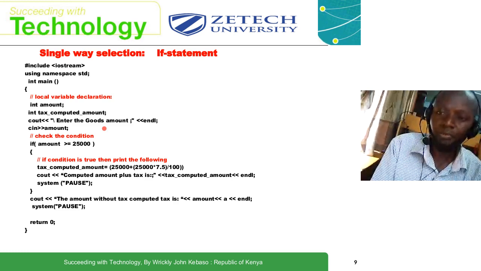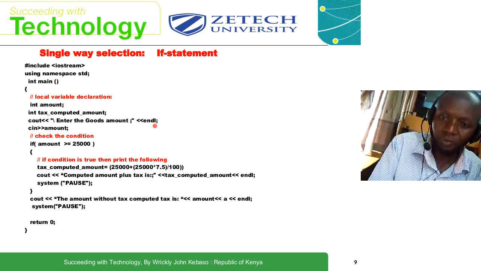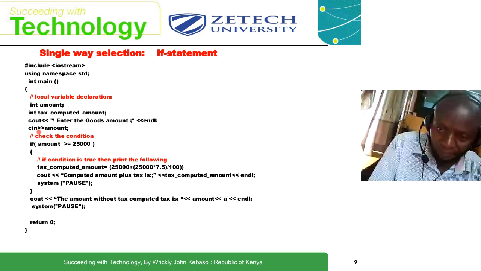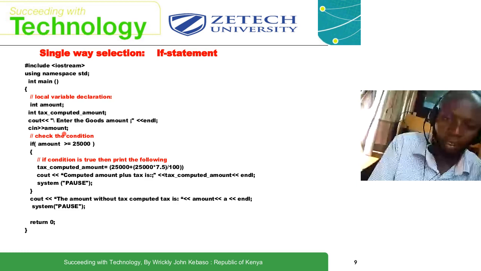After we prompt the cashier to enter using the cout statement, with the text enter the goods amount, we take our cursor down again. Then we are going to take the values into the computer memory. So we use the keyword cin, cin amount, which is declared here. Then immediately we take our amount to the computer memory.